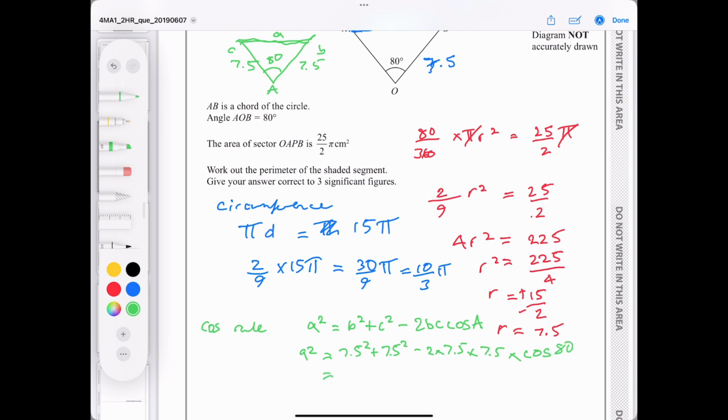I mean, this isn't brilliant, is it? So let's go 7.5 squared times 2, so that's 112.5.